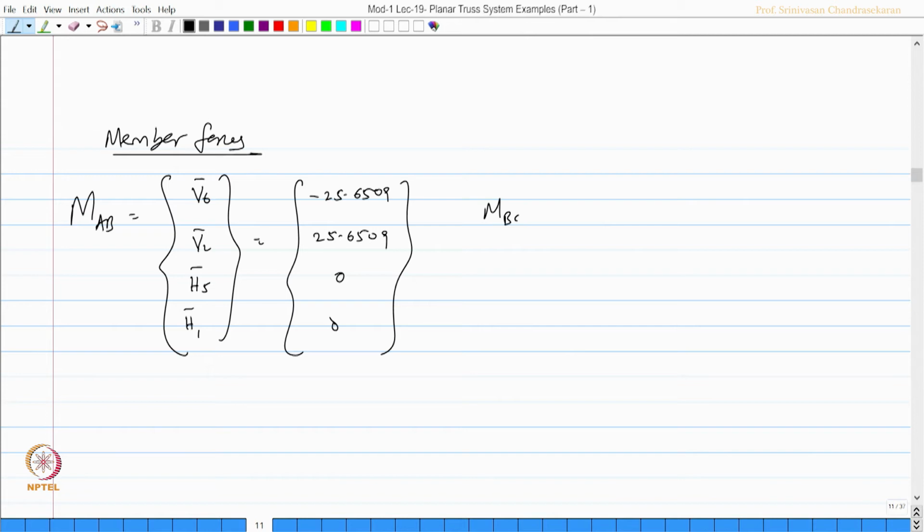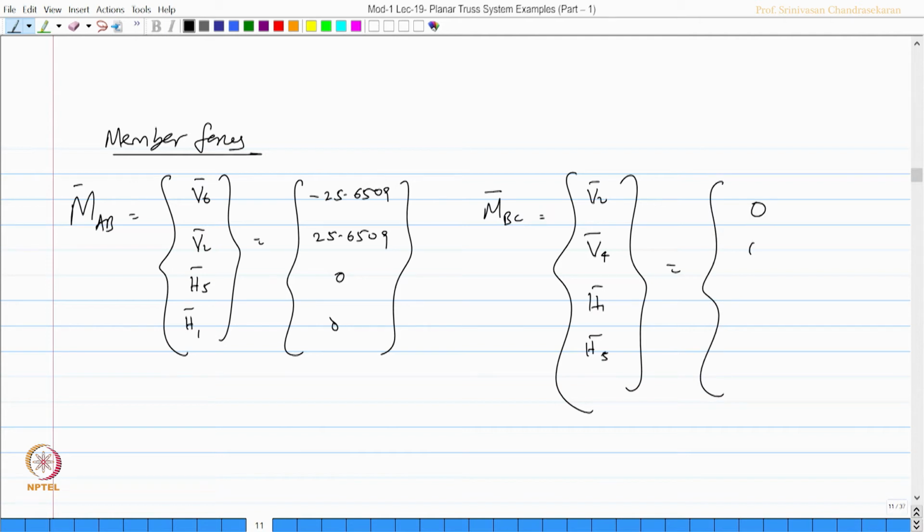Similarly, M bar BC, these are all M bars, will be V bar 2, V bar 4, H bar 1 and H bar 5, which will be 0, 0, 14.3491 and minus 14.3491.